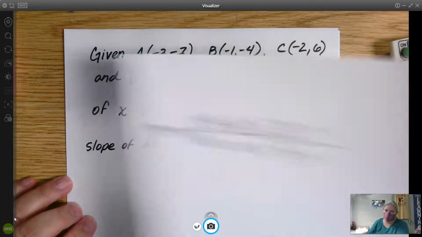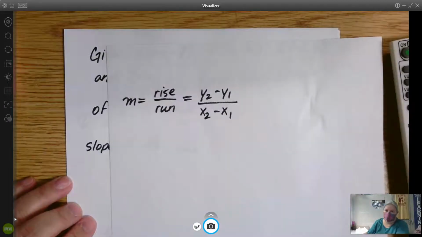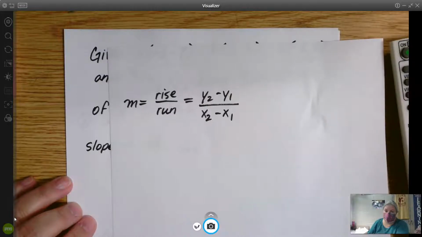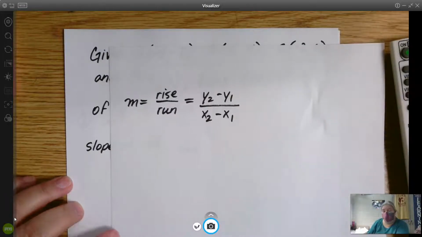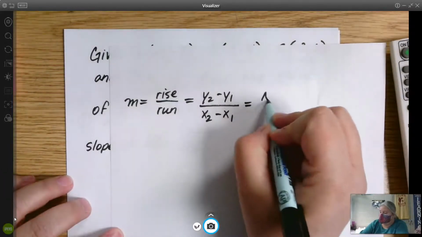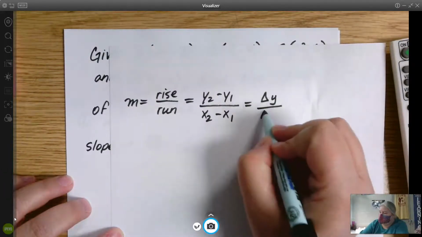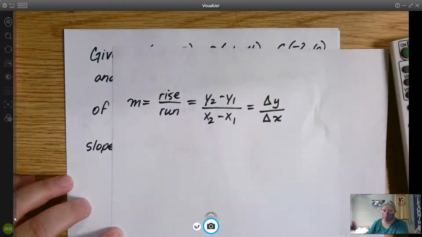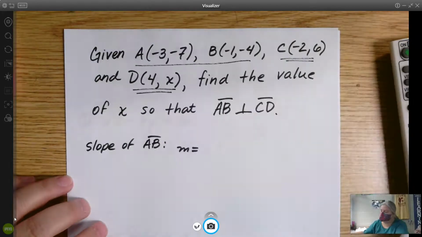Remember, this is my formula. The rise over the run is the difference between the y's over the difference between the x's. Sometimes that's called the change in y over change in x. It can even be written like this, with the delta symbol. It looks like a triangle. That means the change between some numbers.